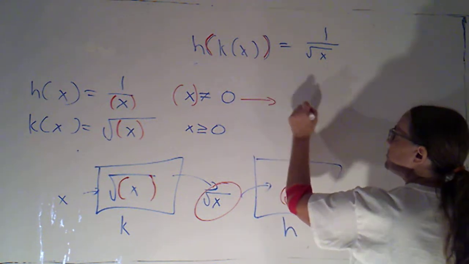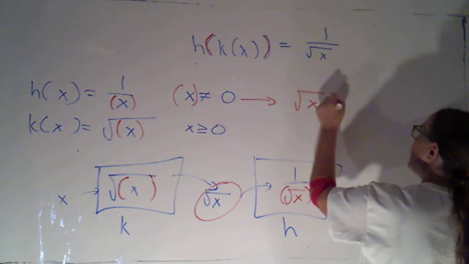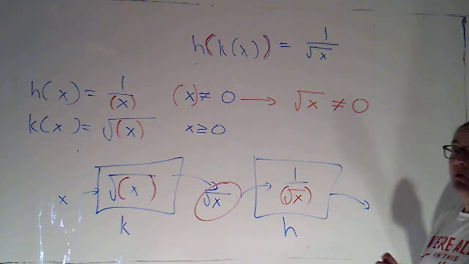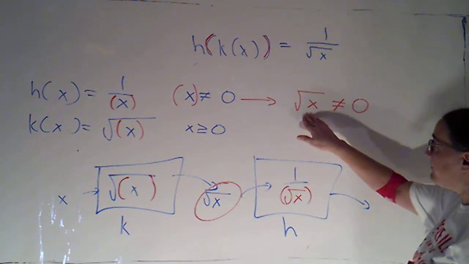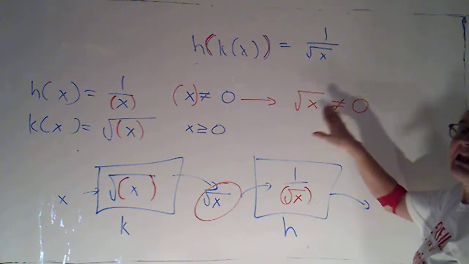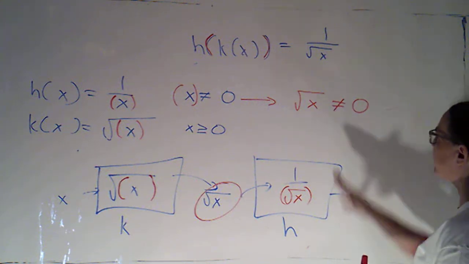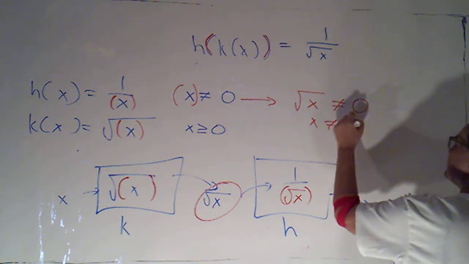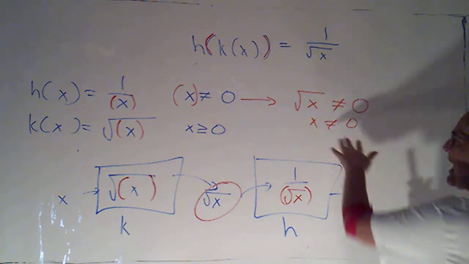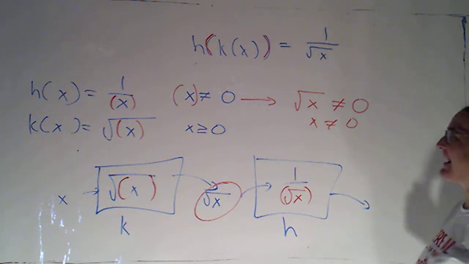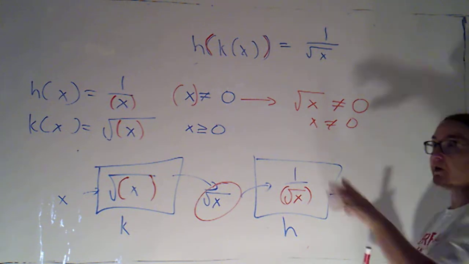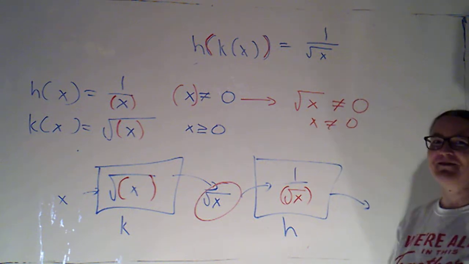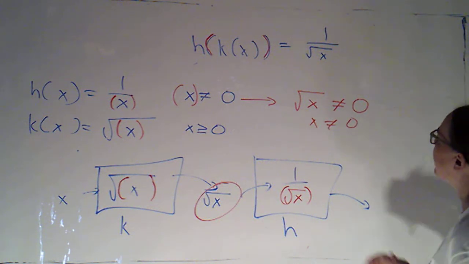So this restriction becomes the square root of x cannot equal 0. It turns out that the square root of x will only equal 0 if x is equal to 0, because I can square both sides and get x is not equal to 0, and I can check very quickly that that actually works. Although you do want to remember, if you solve an equation or a non-equation by squaring both sides, you always do need to check.